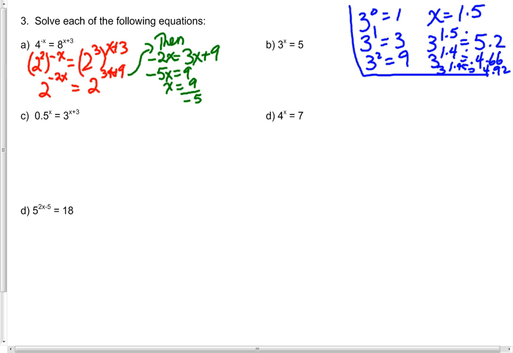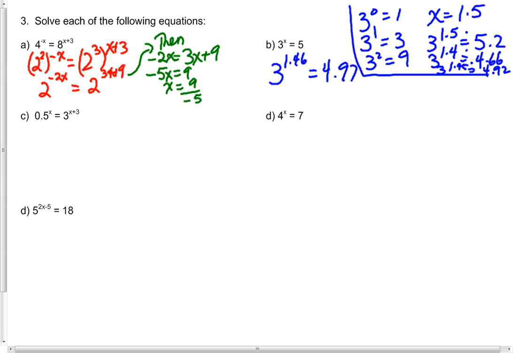Little too small, so 3 to the 1.47. Is this the most efficient method? Absolutely not. 3 to the 1.47 and 3 to the 1.46. It's right in between the two. So 3 to the 1.46, which is 4.97, which is very close.